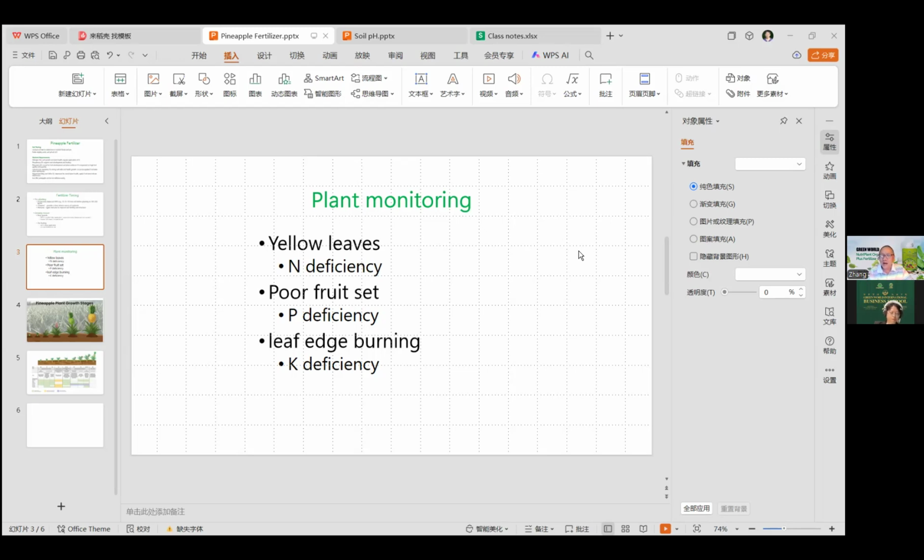NOPF you can apply every 2 or 3 weeks until blooming, after maybe the first pick or couple of picks. You can spray your fertilizer NOPF until 2 weeks after the peak flowering, blooming season. After the peak of blooming, when it starts going down, you don't need to spray anymore.